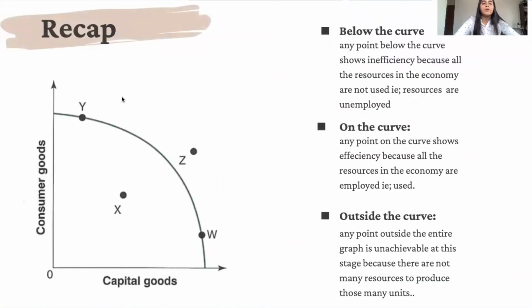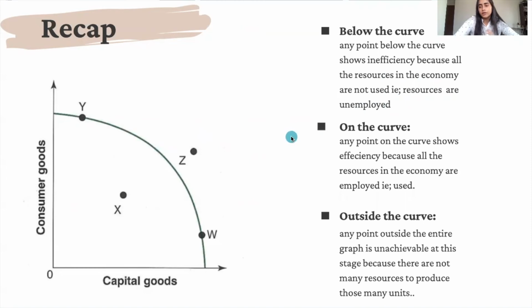So a recap of the points on the curve: any point below the curve shows inefficiency because all the resources in the economy are not used. That is, resources are unemployed. So any point under the curve shows unemployment of resources.